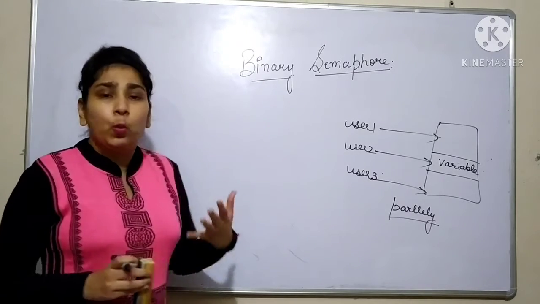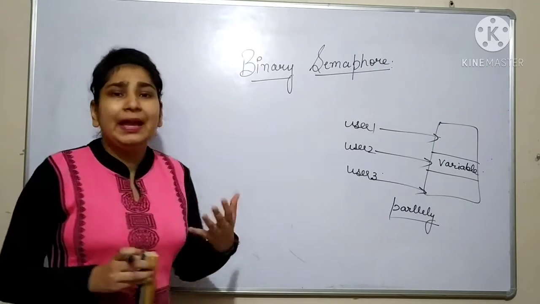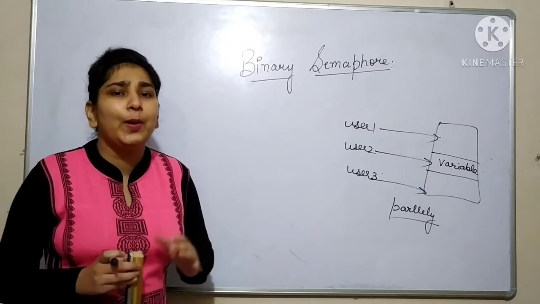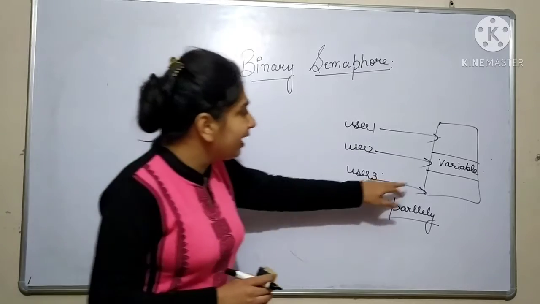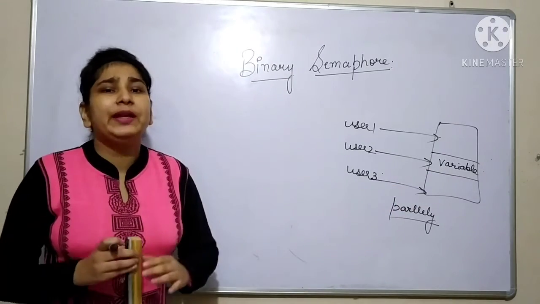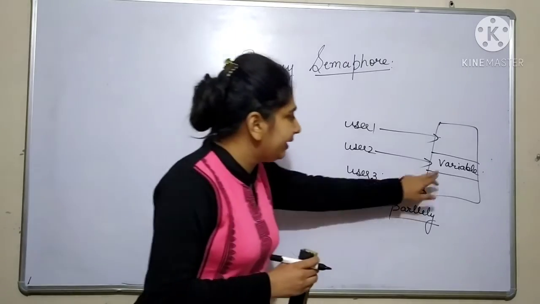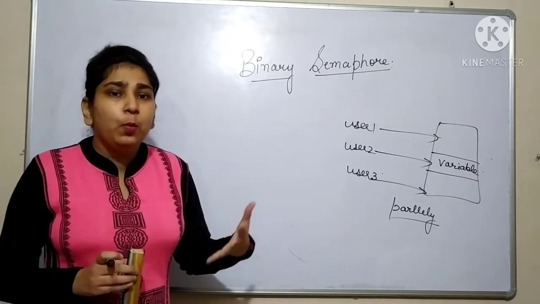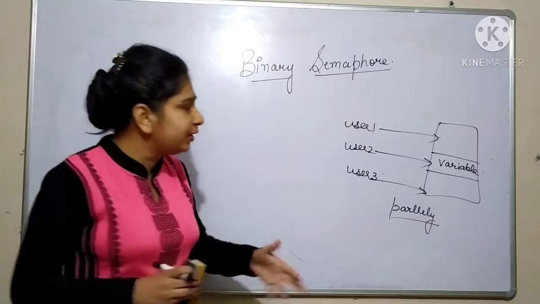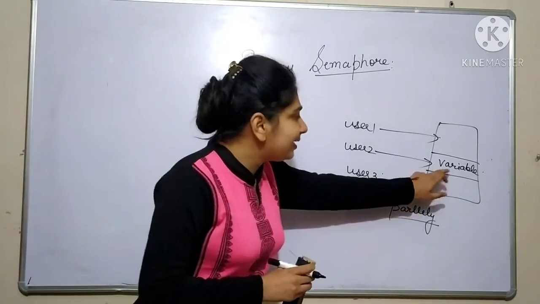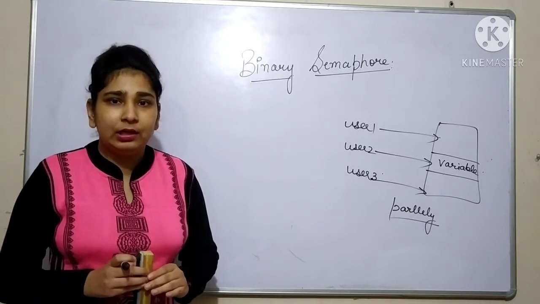So we have to make coordination between multiple user requests because they are working on the same variable. They want to manipulate this variable, to do some kind of modification on it. We should limit the access of this variable.